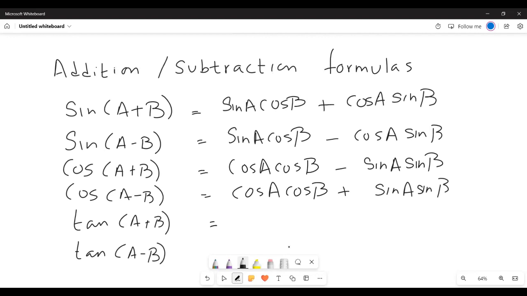For tan a plus b, the numerator is tan a plus tan b. The sign is the same. And then divided by 1 minus tan a tan b. So the numerator sign is the same, the denominator sign is flipped.